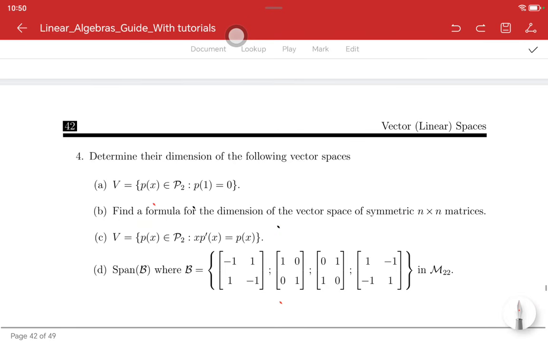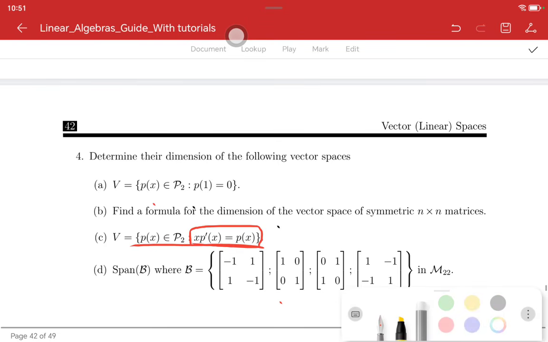Now, let's see. This one, they say V is equal to Px, an element of P2, right? And then they say such that x times P prime x is equal to Px. So how can we express this?